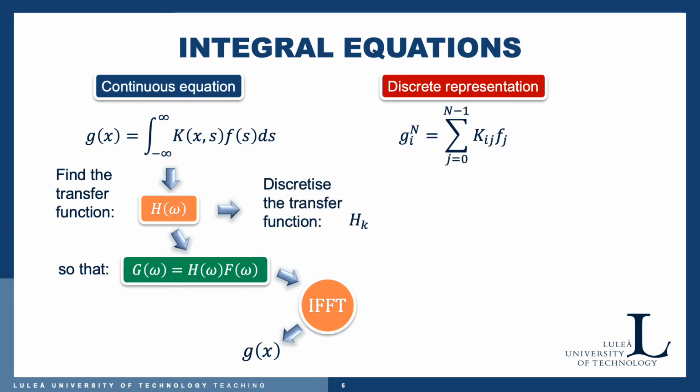Now, if we knew that transfer function H(omega), we can discretize it and denote the discretized version of it as H_k, where k is the discrete frequency, the wave number.